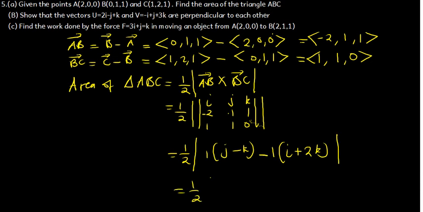Now what I have is i minus k minus j. Okay, this is not a j, this is an i here. Minus j minus 2k.